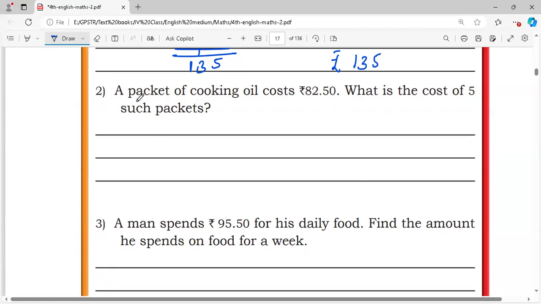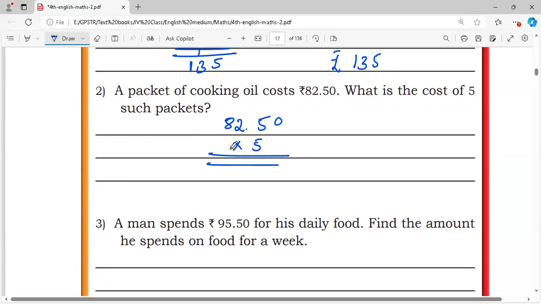Second one. A packet of cooking oil costs 82 rupees 50 paise. What is the cost of 5 such packets? One packet costs 82 rupees 50 paise, and 5 packets cost how much?